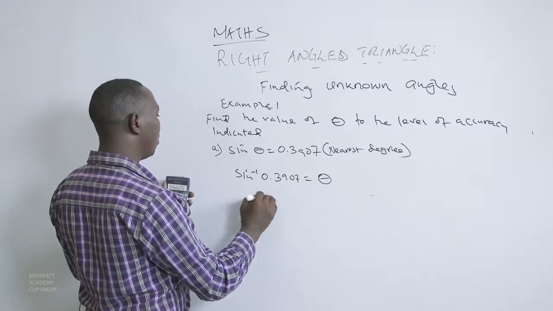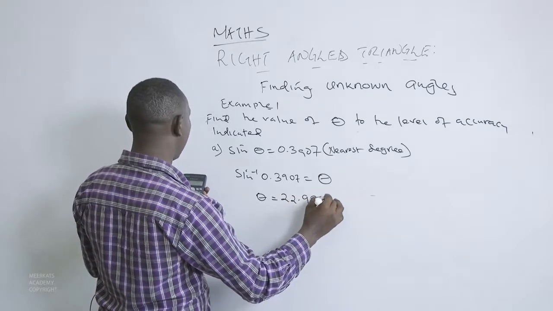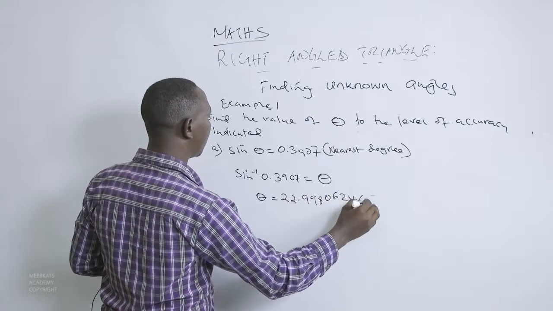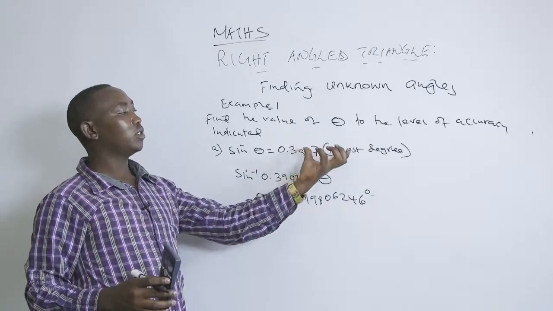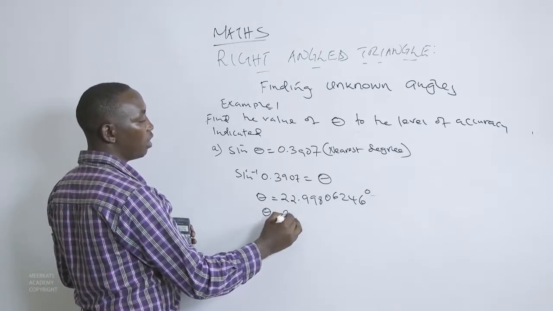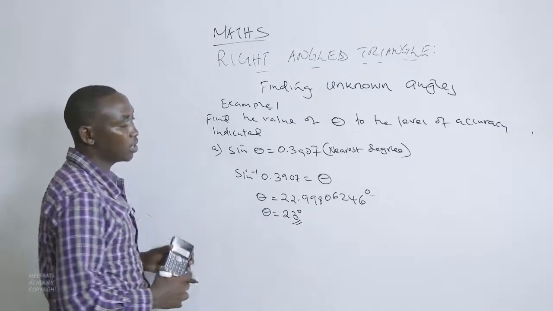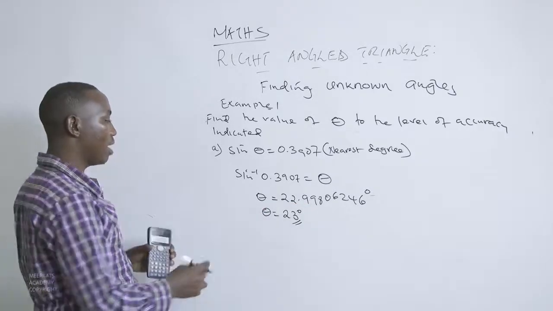It will give you that theta is 22.99806246 degrees. But you've been told to write it off to the nearest degree, and therefore the nearest degree here will be 23 degrees because 9 is more than 5.